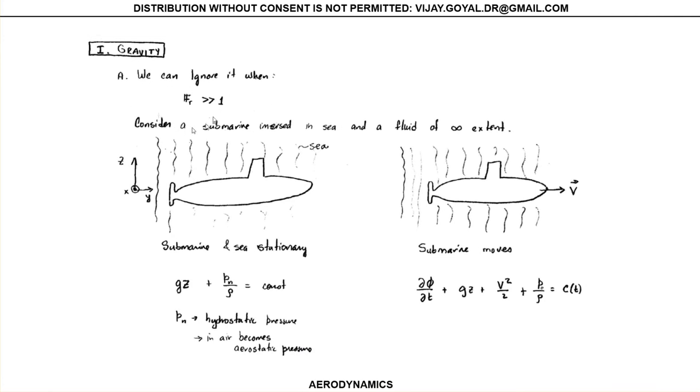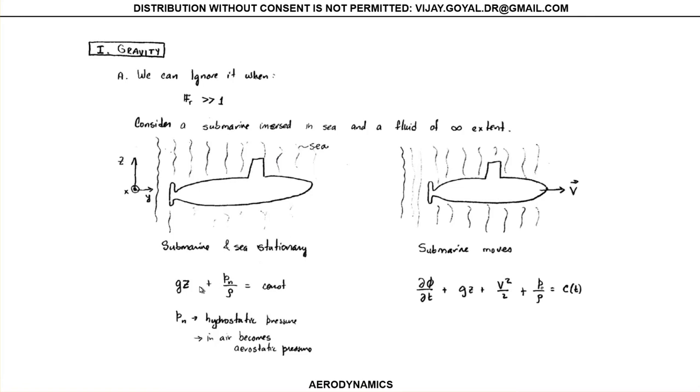This is a Froude number that we talked about at the beginning of the class. I want to consider a submarine that's submerged, immersed in the sea, and the extent of the fluid is infinite. So all the fluid here is a big fluid and is infinite.